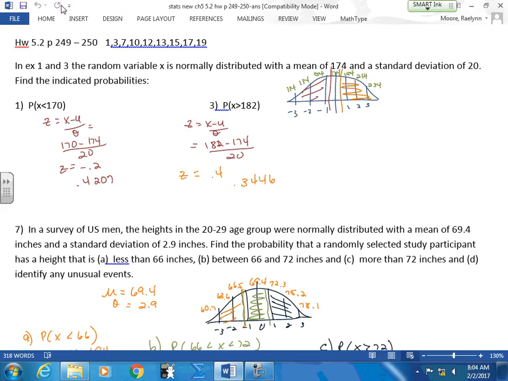I want the x values on the top. I need shading and sketching. If I don't get a probability statement and shading and sketching, I'm not going to grade the problem. If you use the calculator, I still need a sketch, I still need a probability statement. And then you can say to me, calculator. You can bypass this piece right here if you use your calculator.